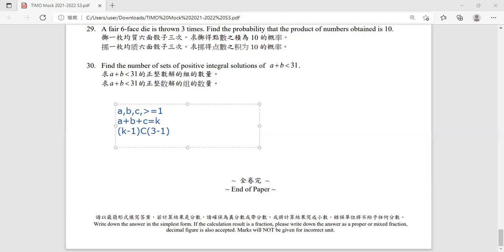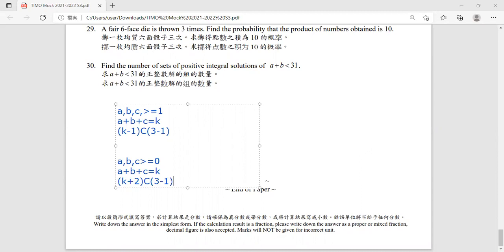But if I have something like a, b, c greater than or equal to 0, they may equal 0, and I have to add 1 to every number here. So that will be K plus 2 C 2.